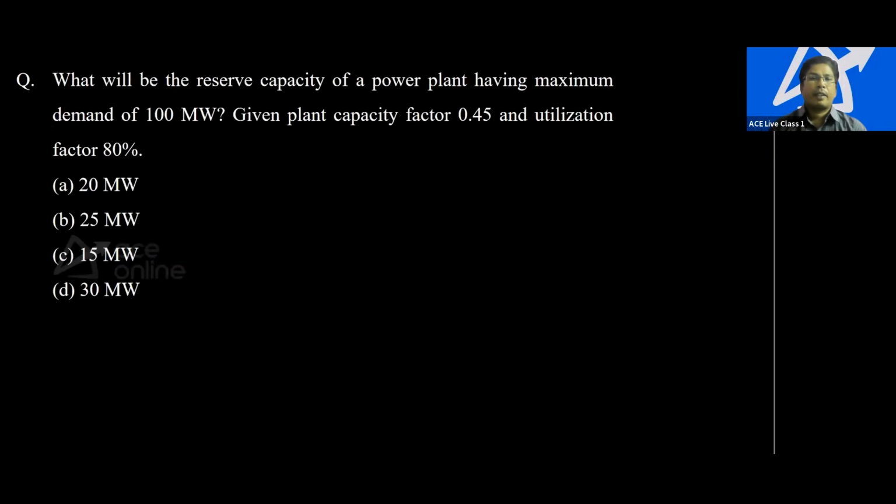Next question. It is from generation. What will be the reserve capacity of a power plant having a maximum demand of 100 megawatt, given the plant capacity factor is 0.45 and the utilization factor is 80%?